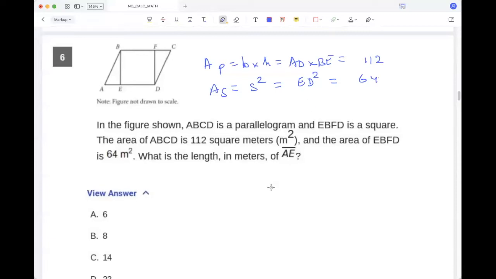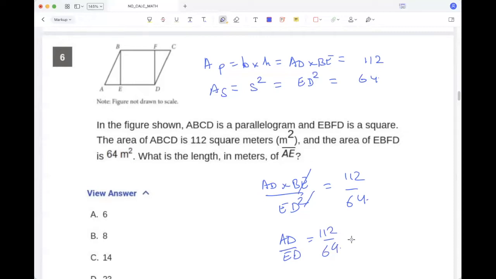So if you take the ratio of these two, then AD times BE divided by ED squared is 112 by 64, right? Now you can see that BE and ED will be the same because they are the sides of a square. So we can cancel those out. So AD by ED is 112 by 64. Now, what does that tell me?